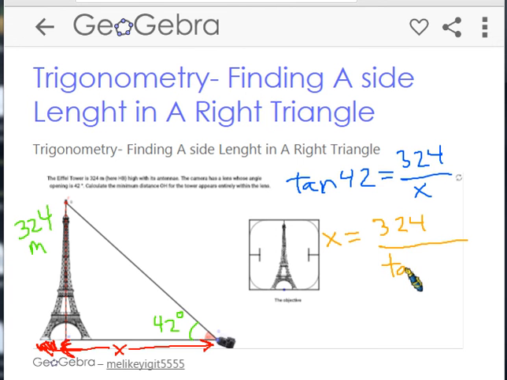I just wanted you to know that there's this neat little technique that gets us the result a little bit more quickly. So if we knew how to put tangent of 42 into our calculator, we could then go ahead and calculate what x is. Today we're not going to. All I wanted to do was show you a practical application of trigonometry and how to use the tangent trig ratio in order to find x.